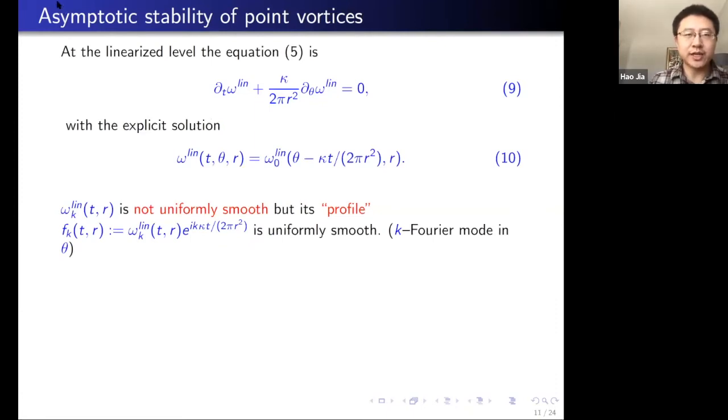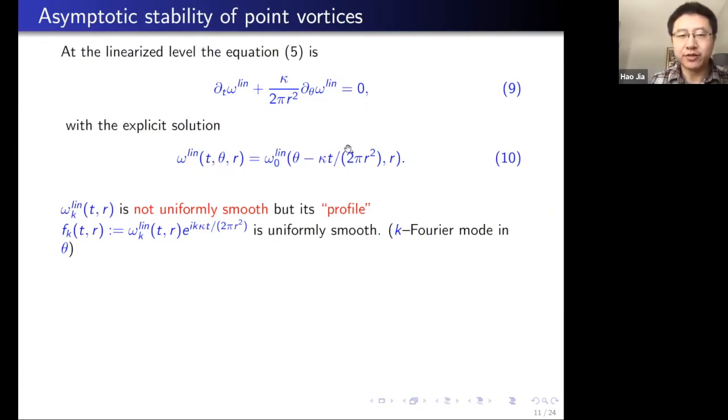So let's first look at the linear problem, because all the stabilizing mechanism comes from the linear equation. The linear equation is just this, and it can be solved explicitly, and we have the solution formula here. From this formula, we have two important messages. The first one is that we cannot expect the vorticity field to be uniformly smooth.